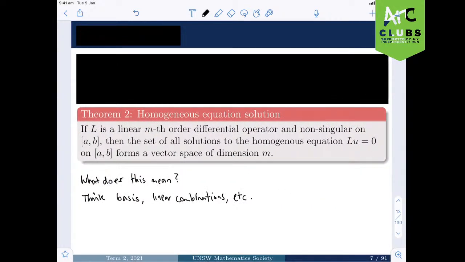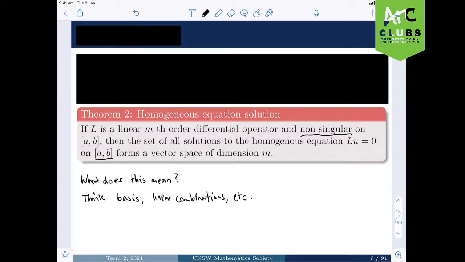Alright, so there's another theorem, and it's about the homogeneous equations, and I'm assuming you know what that means. Let's say L is a linear mth order differential operator and non-singular on the interval a to b. Then the set of all solutions to the homogeneous equation Lu equals 0 on this same interval forms a vector space of dimension m. Now, what does this actually mean?